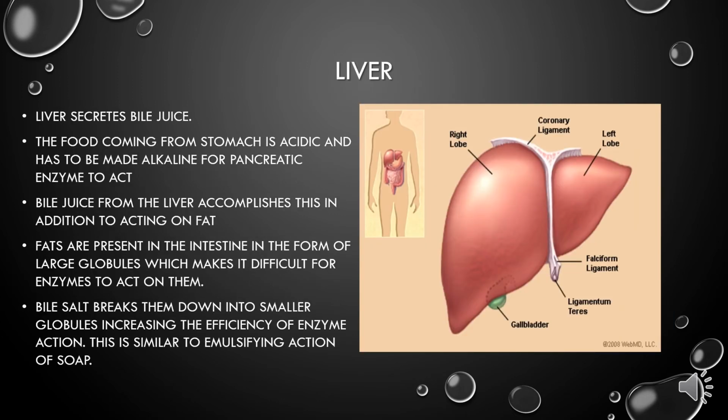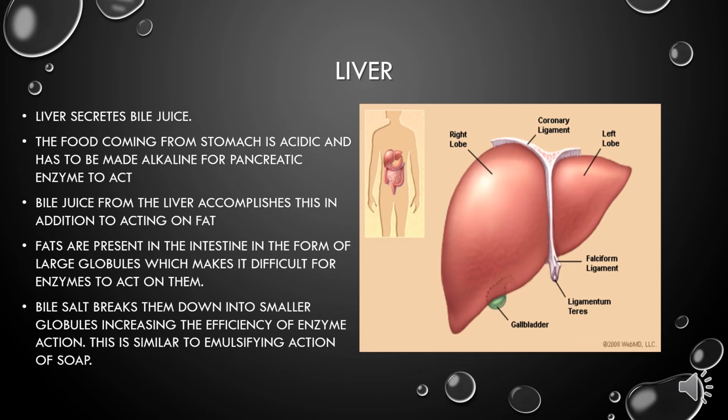What is the role of the liver? The liver secretes bile juice. The food coming from the stomach is acidic because of hydrochloric acid, and it has to be made alkaline for pancreatic enzyme action. So, bile juice from the liver accomplishes this, in addition to its action on fat.